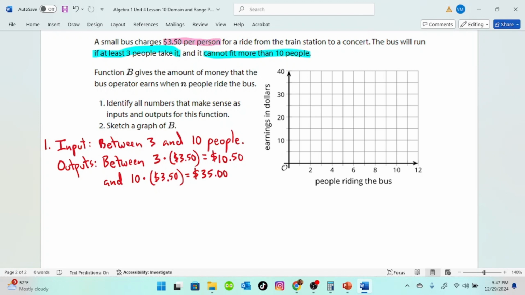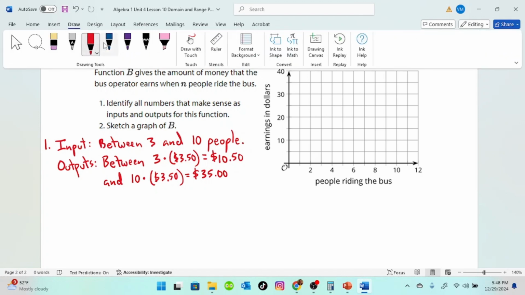So we know that our domain, or our inputs, is going to be between 3 and 10 people, and we know that our outputs, or the range, is going to be between $10.50 for 3 people and $35 for 10 people.